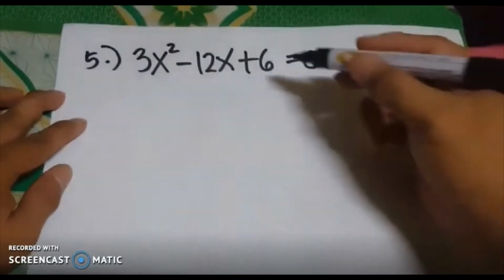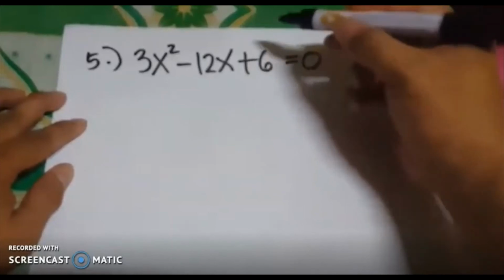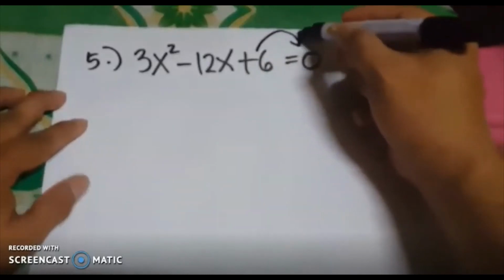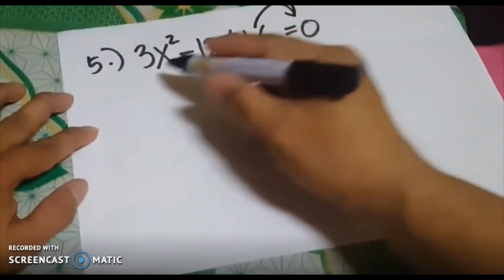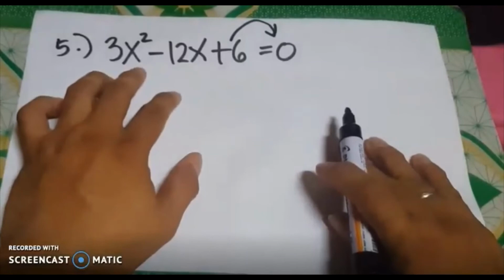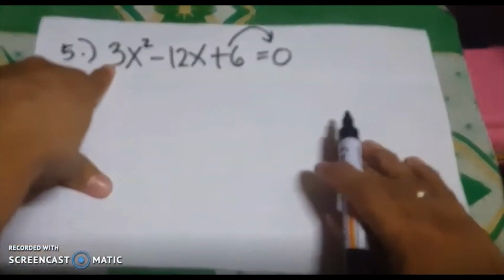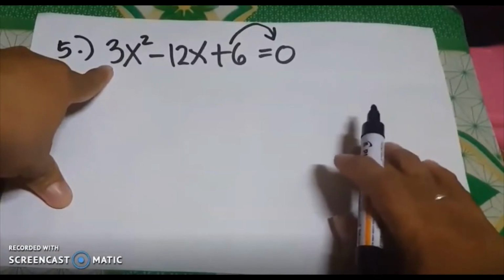So in the case of that, if your constant term is on the left side, let's move the constant term to the right side. Then, since the given quadratic equation, ang value ng a niya is greater than 1, according to the steps that we have mentioned earlier, we can make use of completing the square.